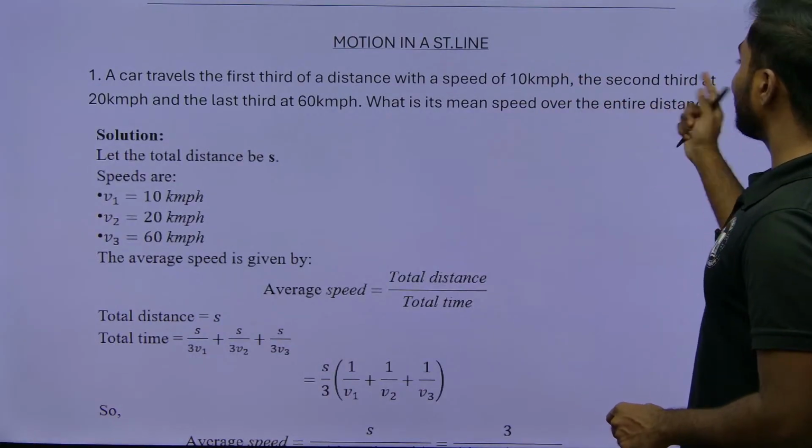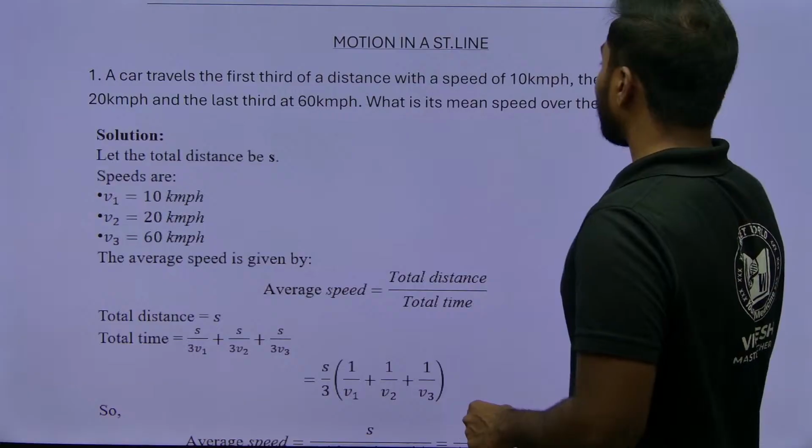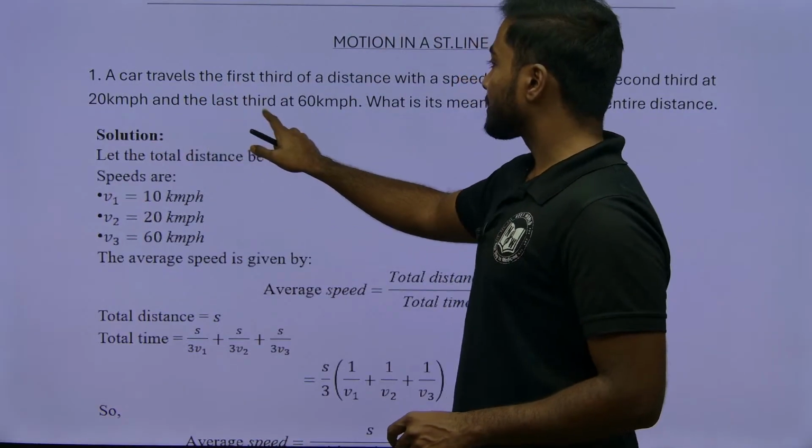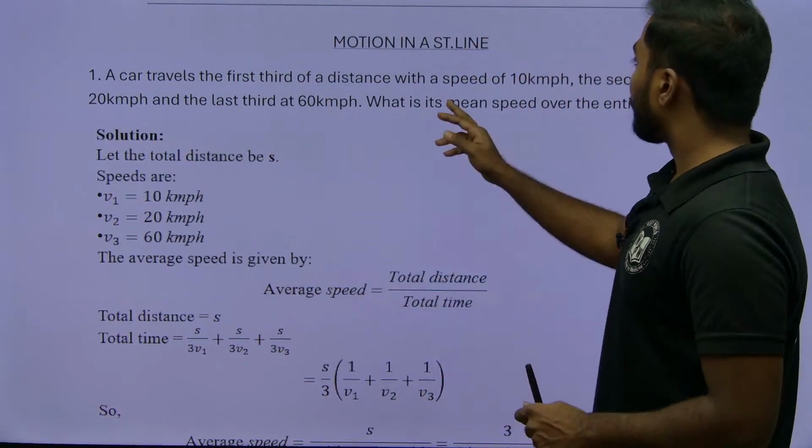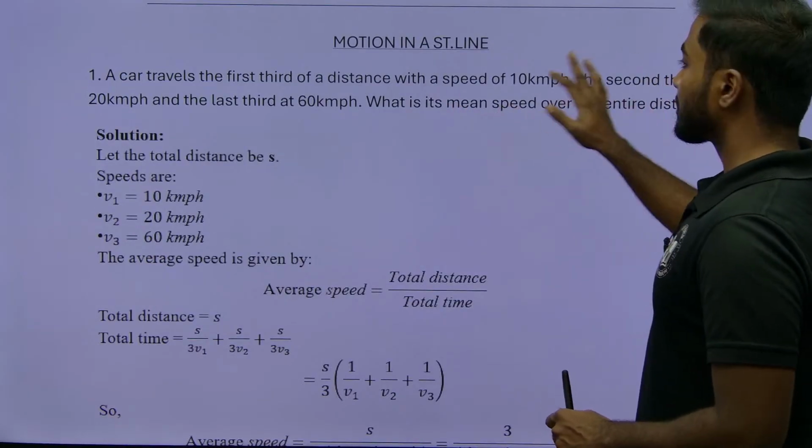The second third at 20 kilometer per hour, and the last third at 60 kilometer per hour. What is the mean speed over the entire distance?